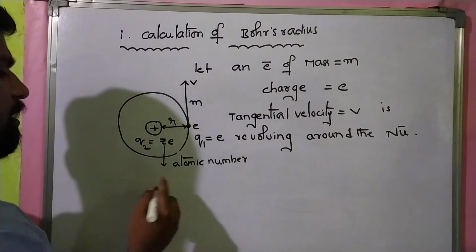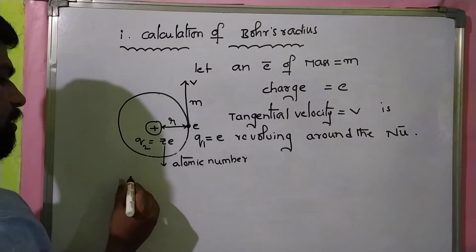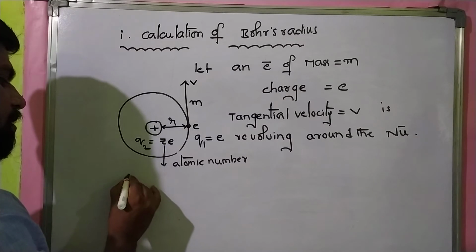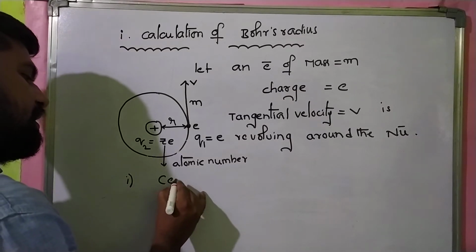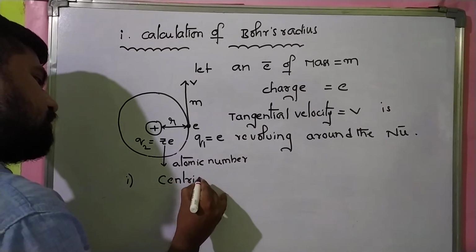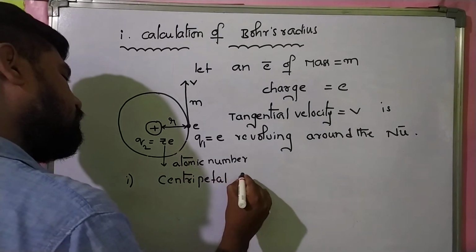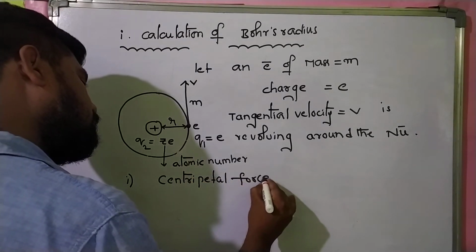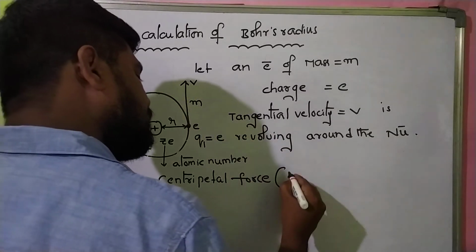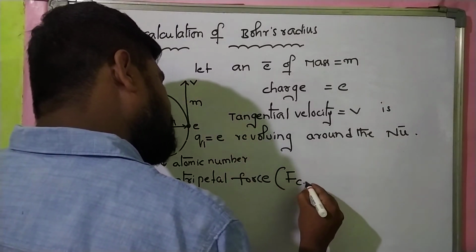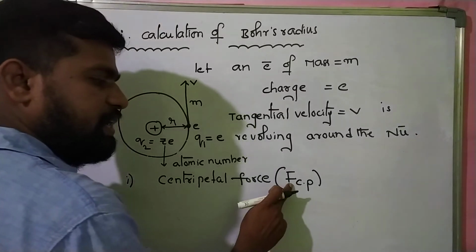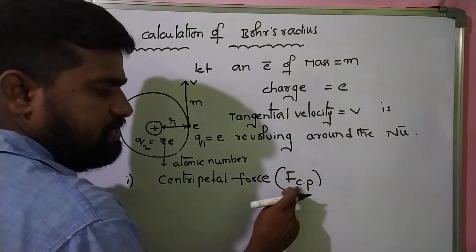First of all, number one, centripetal force, say it is FCP. F means force, CP means centripetal force.